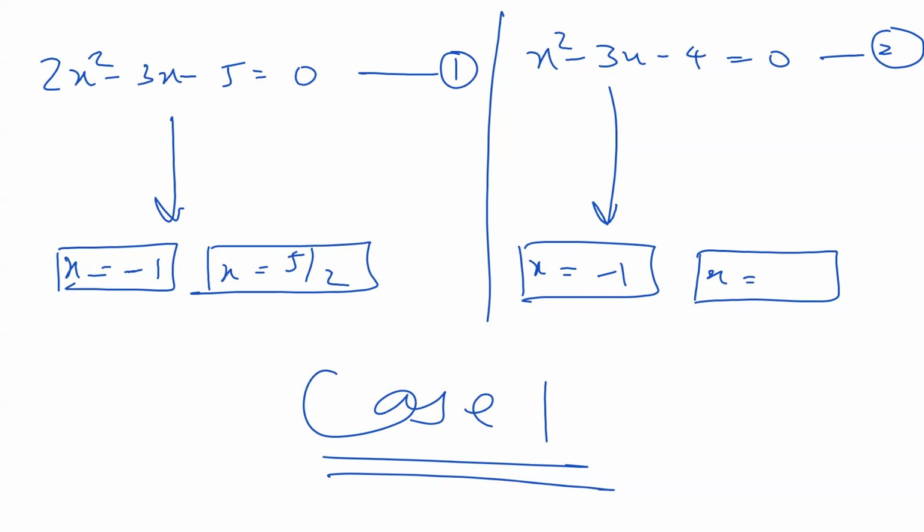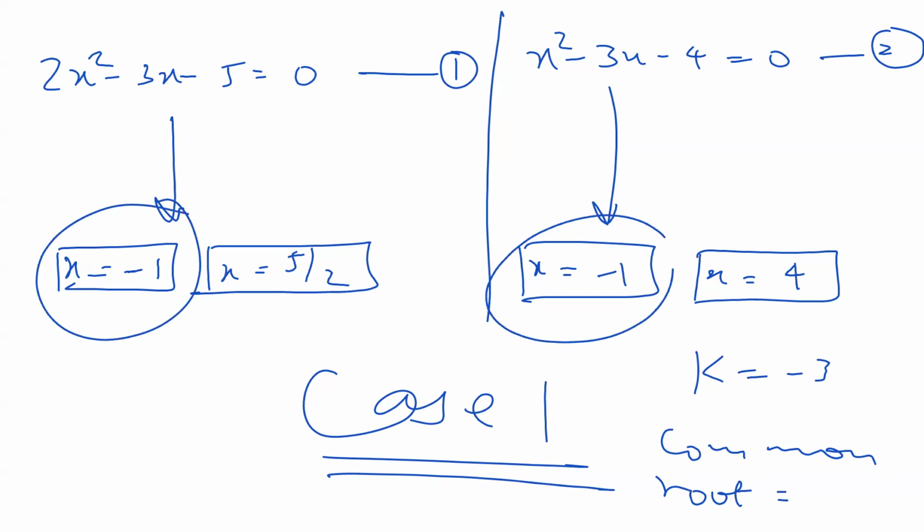The other one is 4. Correct. So when k is equal to -3, the common root is equal to -1.